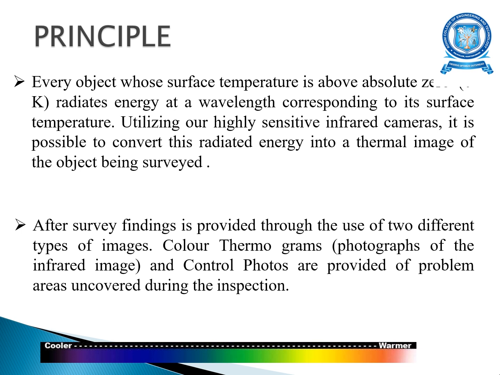Utilizing highly sensitive infrared cameras, it is possible to convert this radiated energy into thermal images of the objects being surveyed. After the survey, the findings are provided through two different types of images: color thermograms and control photos of problem areas uncovered during the inspection.